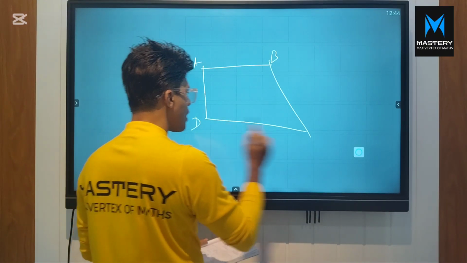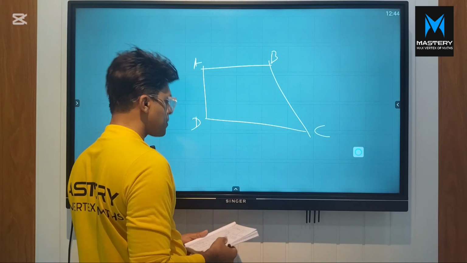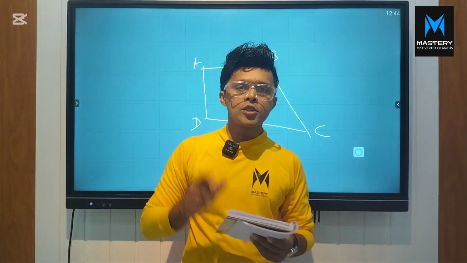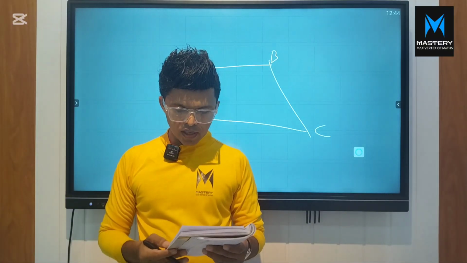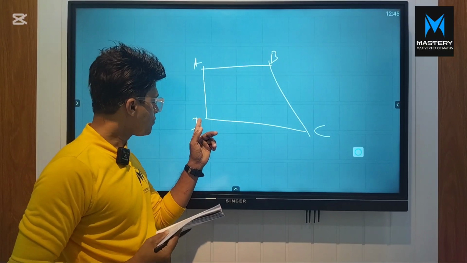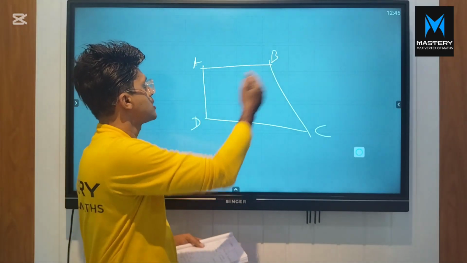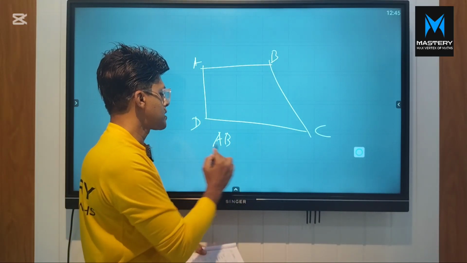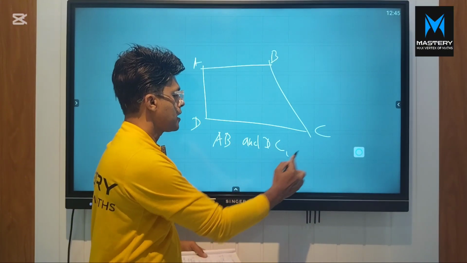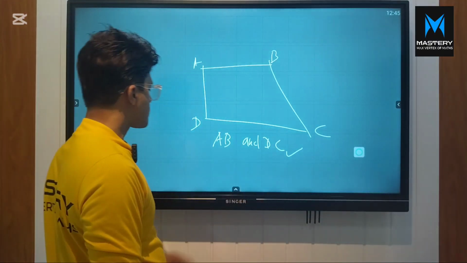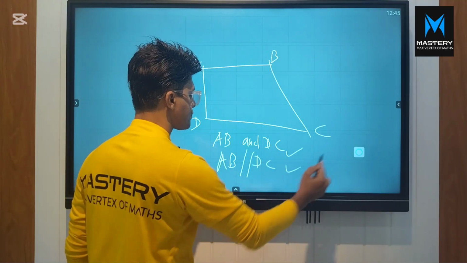A, B, C, D. Here is a trapezium. A trapezium is a quadrilateral in which only 2 sides are parallel. Therefore, you could see the lines DA and CB are not parallel. So the parallel lines are AB and DC. This can also be stated as AB parallel to DC.